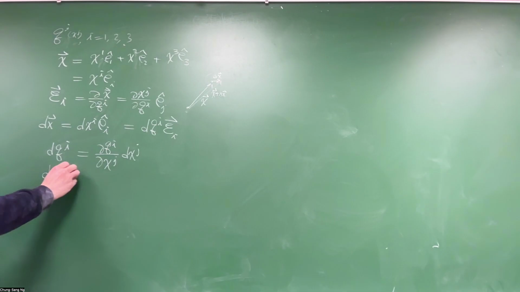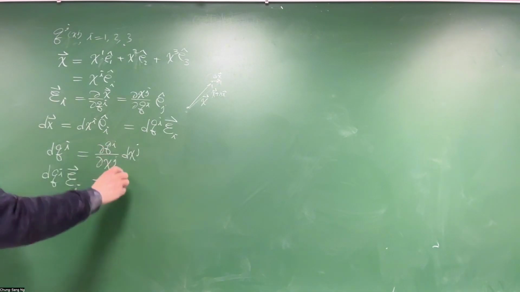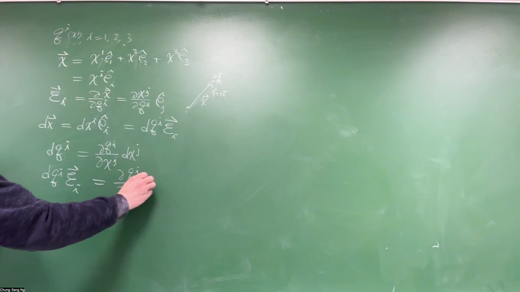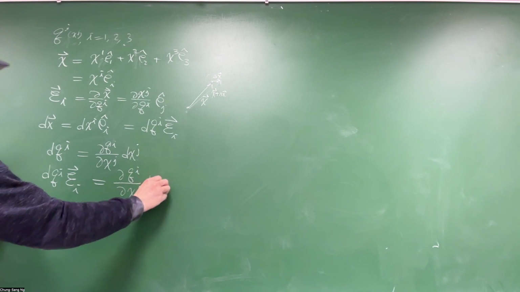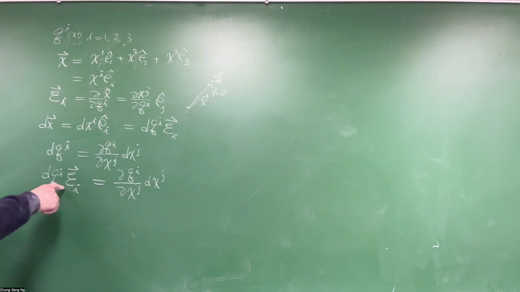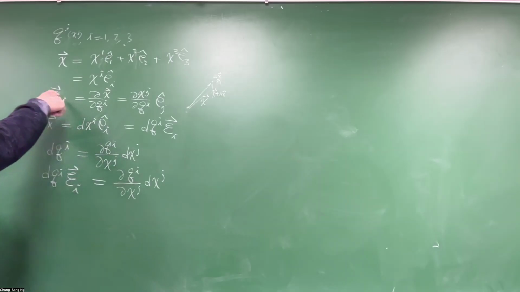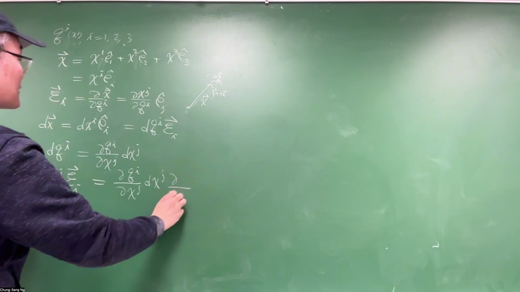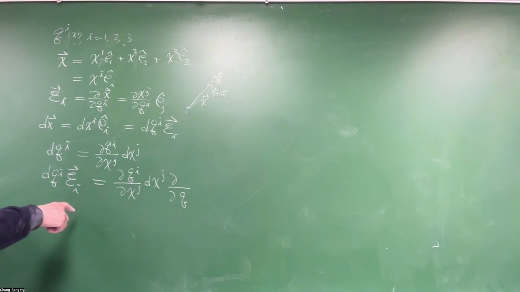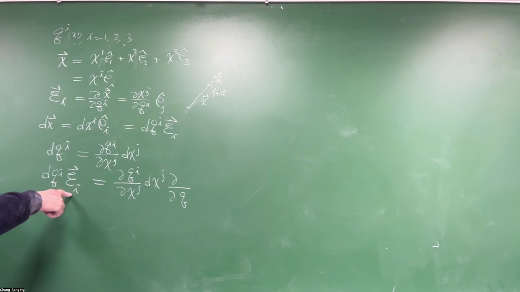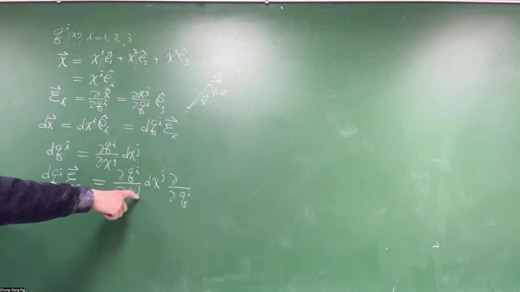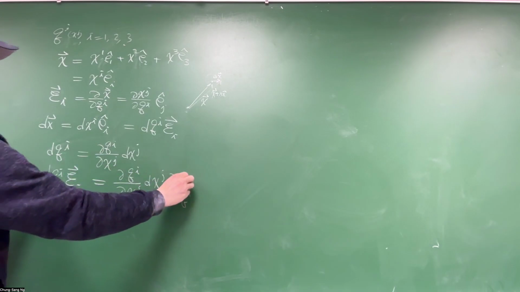Let's just copy this: partial q_i over partial x_j, and then the other is this epsilon_i. Because we sum over i also, we choose i here, but we cannot use j, since we already use j here.